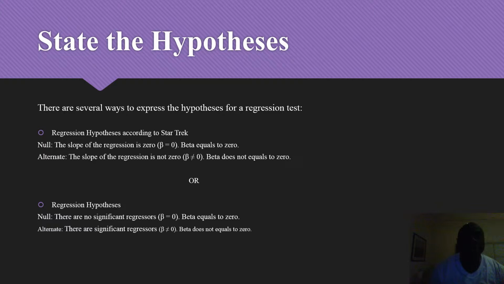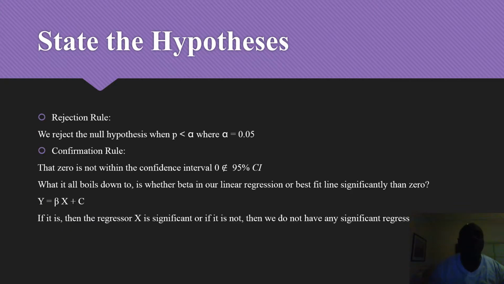Or regression hypothesis, there are no significant regressors, or there are significant regressors. Also, we're going to take a stab at the rejection rule, which is we reject the null hypothesis when P is less than alpha, where alpha equals 0.05. Confirmation rule, that 0 is not within the confidence interval.